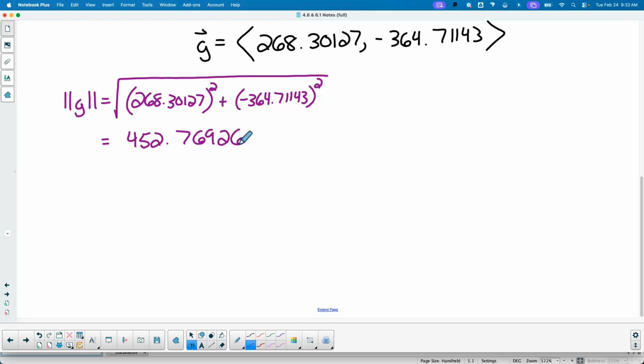Vector G is in quadrant number 4, so I'm going to have to use a reference angle.